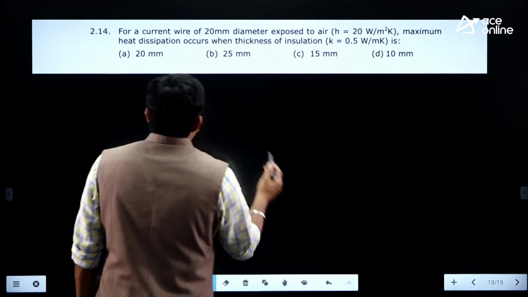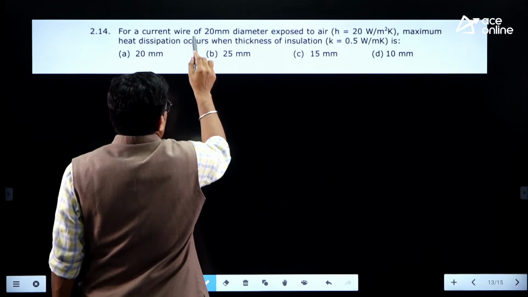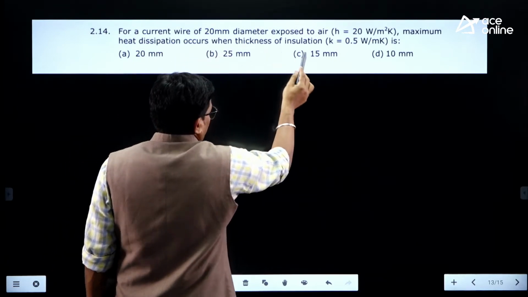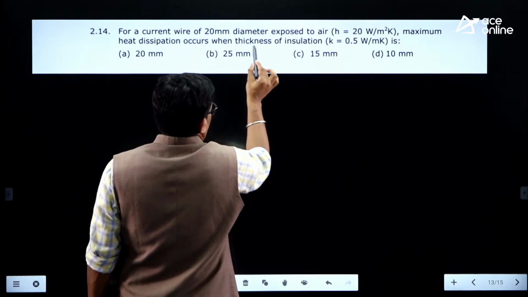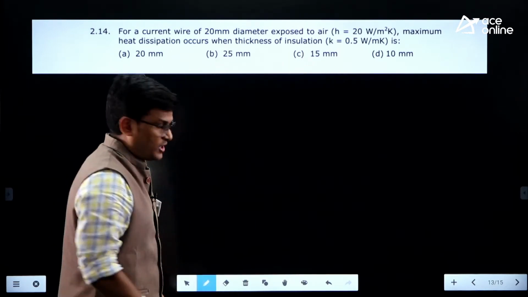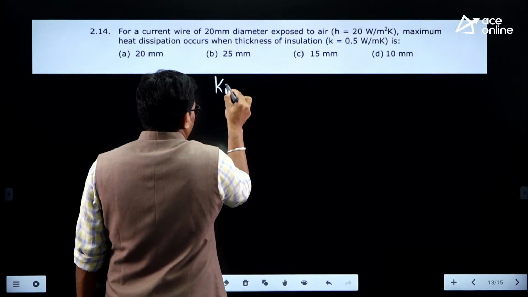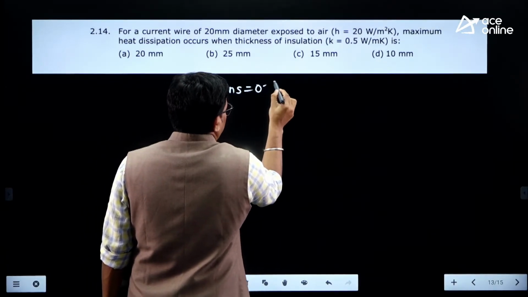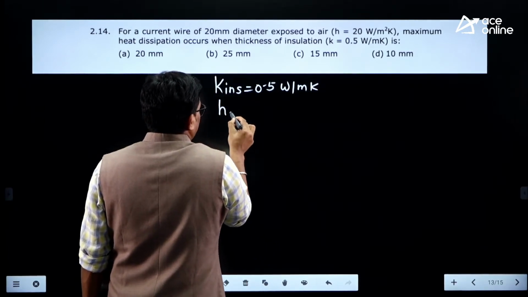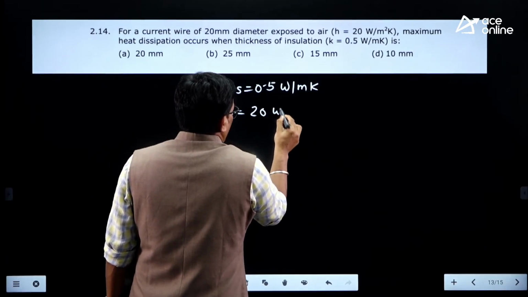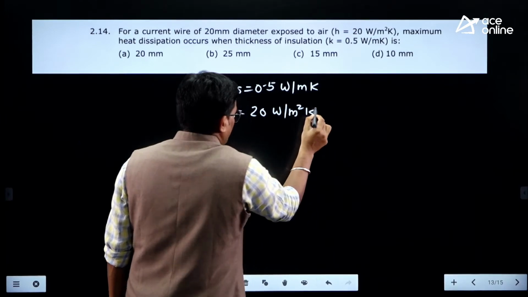Next one. For a current wire of 20 mm diameter exposed to air, maximum heat dissipation occurs when thickness of insulation is? Okay. So let us say K insulation is 0.5 watt per meter Kelvin, and HO is equal to 20 watt per meter square Kelvin.